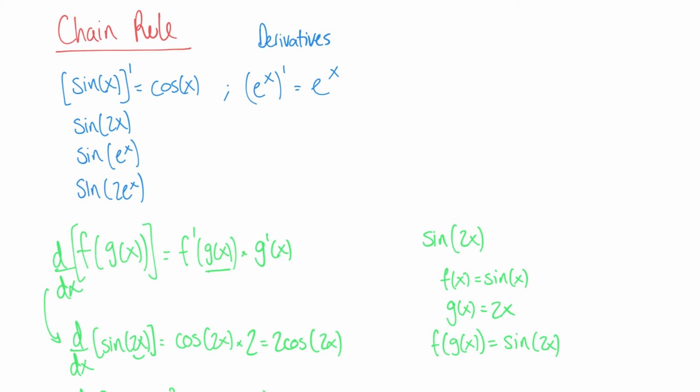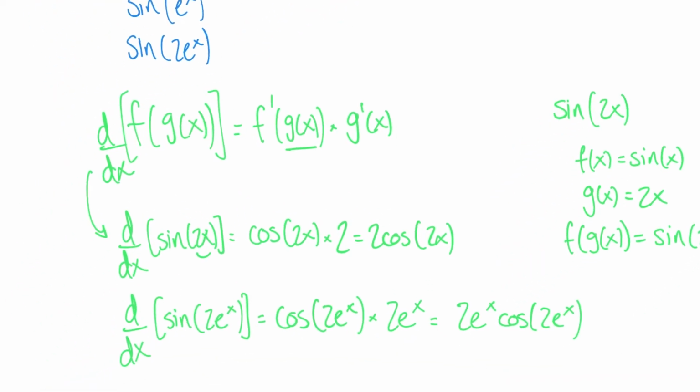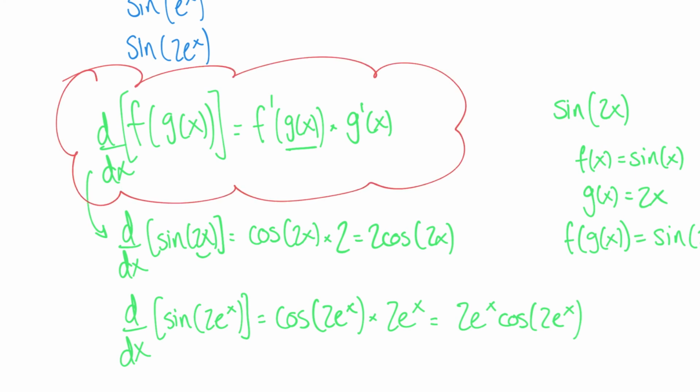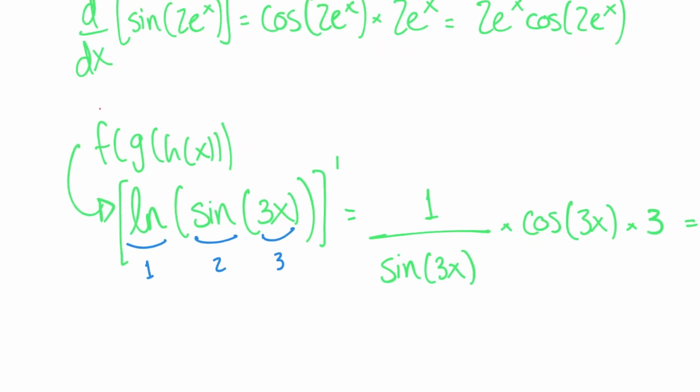So, the chain rule is basically a rule that tells you how to take a derivative of more complex functions, meaning functions that are within other functions. And the rule will always be the same, guys. If you have f of g, if you have f of g of h, like here, you start taking derivatives of the outermost functions, and then you make your way to the innermost, okay?